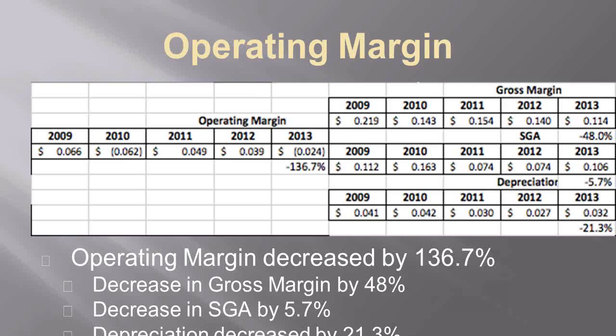The reason for that is, although Granite's primary business, which is the construction industry, had a decrease in revenue of about 8% year-over-year for the third quarter, their secondary business, which is the construction materials, which is what we're focusing on, had an increase in revenue year-over-year of 12%, and their primary business is really dragging down their margins. Their selling, general, and administrative expenses and depreciation expense decreased by 5.7% and 21.3% respectively, and that helps soften the blow of gross margin, but overall they still had a huge decrease in operating margin.